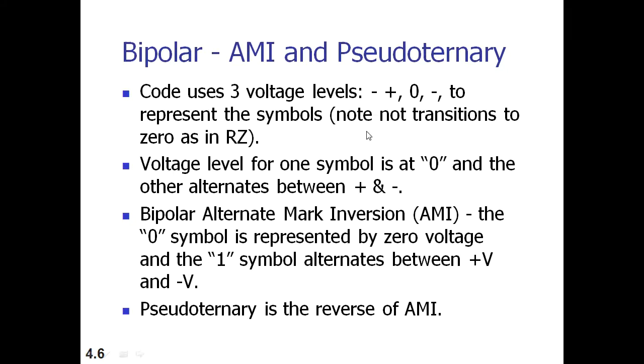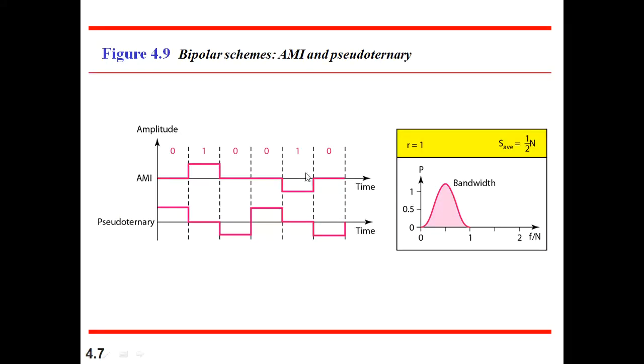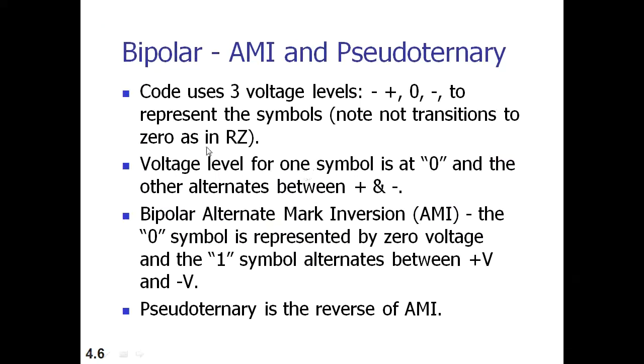Note, it is not a transition to zero as in RZ. We've seen the example. The voltage level for one symbol is at zero, and the other alternates between plus and minus. We'll see the example.